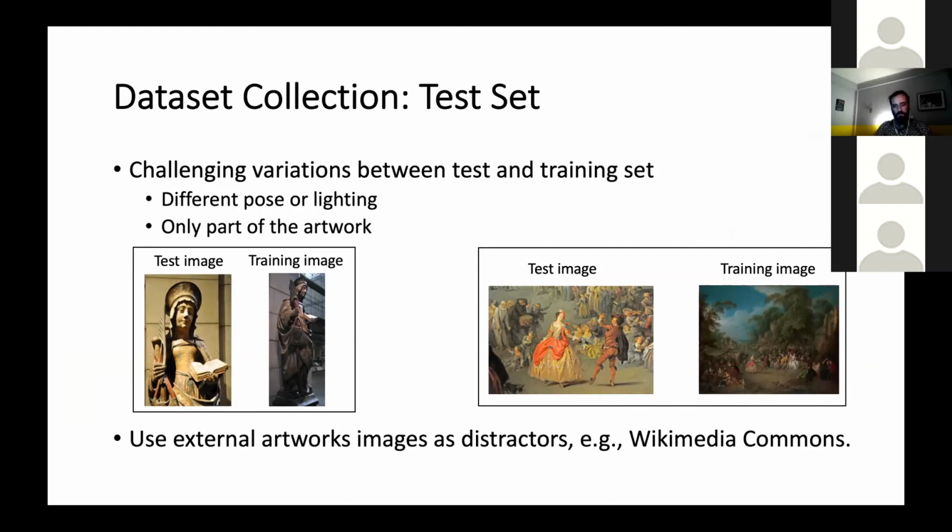The other is we also use external artwork images as distractors. For example, a given test image may have no ground truth labels in the training set. In this way, it is just a distractor, so it will make our data set much harder.